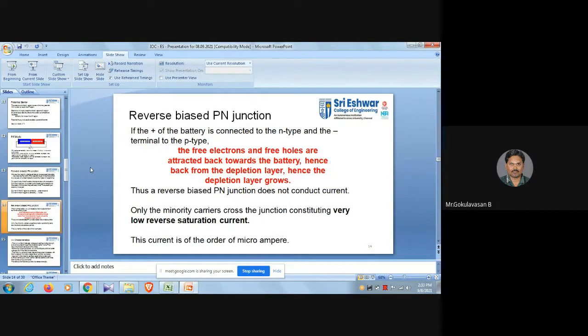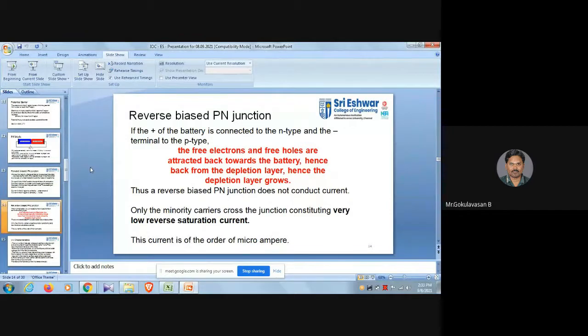Reverse biasing, what happens is the depletion layer gets widened. Why? Because the negative terminal of the battery will be connected to the P type. So in the P type, we have hole material, and it is connected to a negative one. Opposite poles attract each other. That means holes are attracted towards the battery negative, and in the same way, electrons are attracted towards the battery positive.